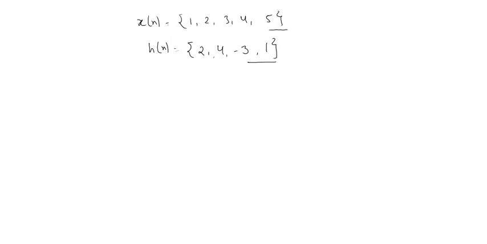Now I'll take one more example in which the index is changed. Let's say x[n] is 1, 2, 3, 4 and 5, and h[n] is 2, 4, -3 and 1. The dimension here is 5, and here the dimension is 4.